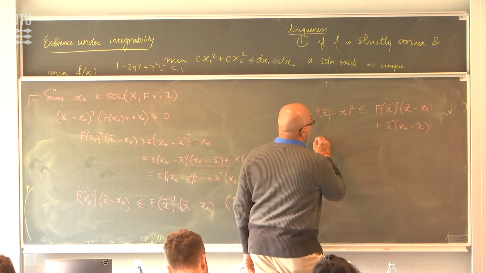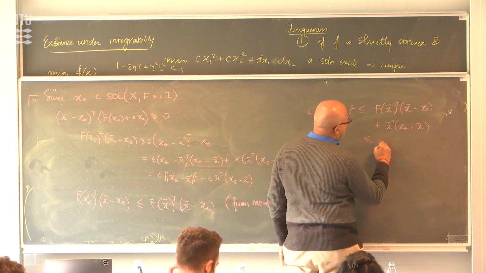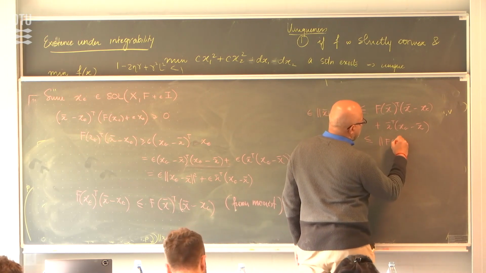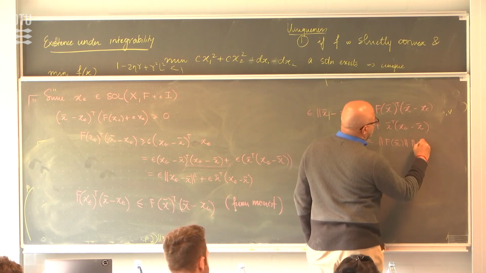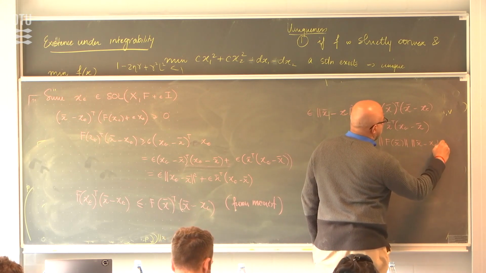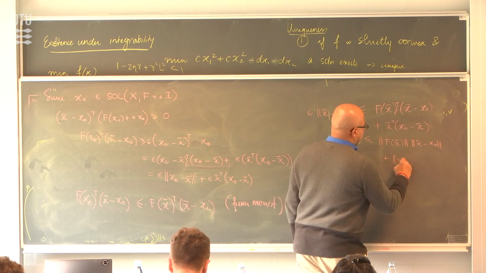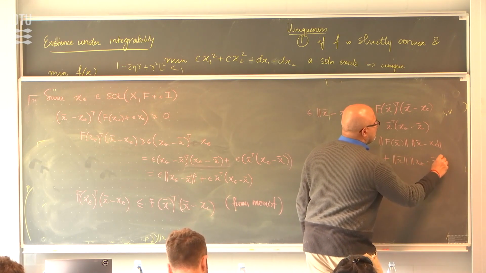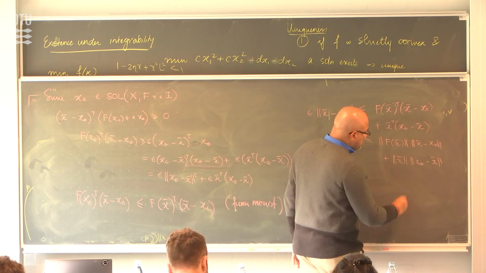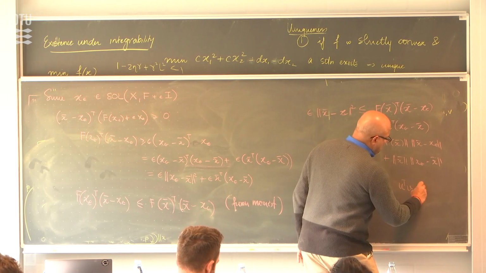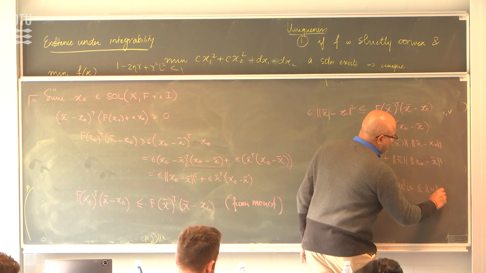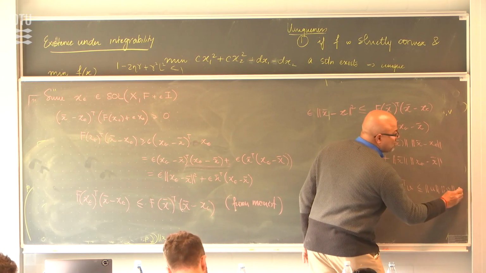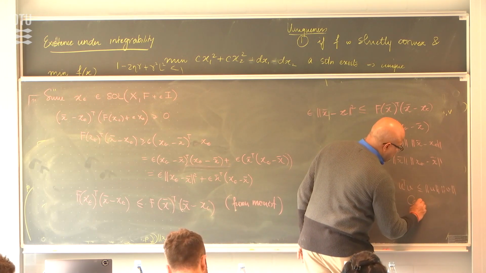So then I have, this can be bounded by norm f of x bar, norm x bar minus x epsilon, plus norm of x bar, x epsilon minus x bar. Where do I get that from? This is just from the property that u transpose v is less than norm u times norm v. This is just the Cauchy-Schwarz inequality, right?